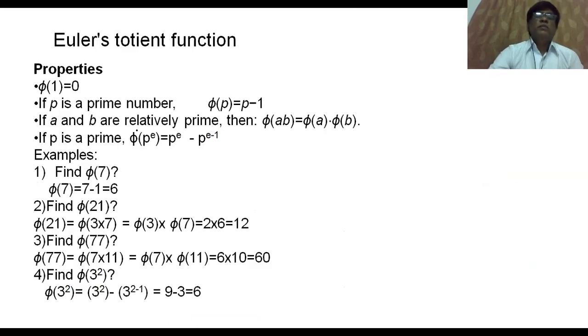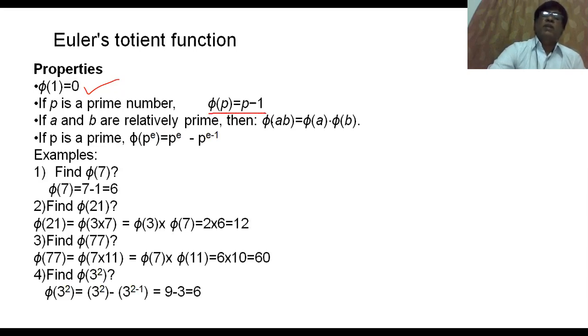Now there are different properties of Euler's totient function. If the number is 1, phi of 1 is 0, because there is no element below 1. Another property is, if p is a prime number, then phi of p is equal to p minus 1.